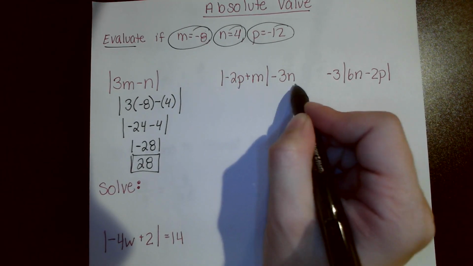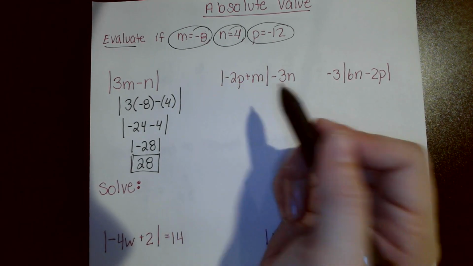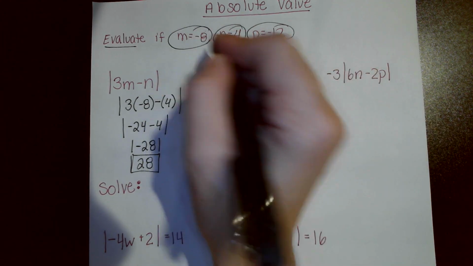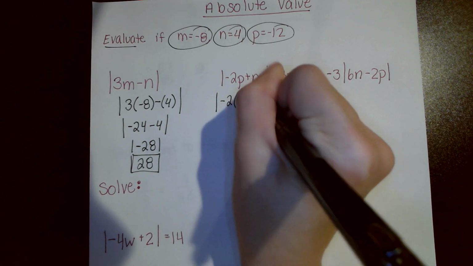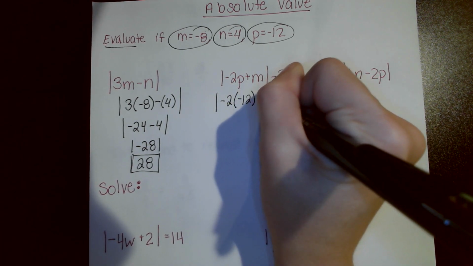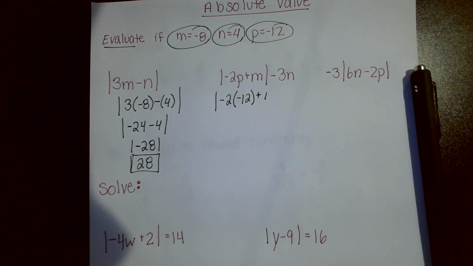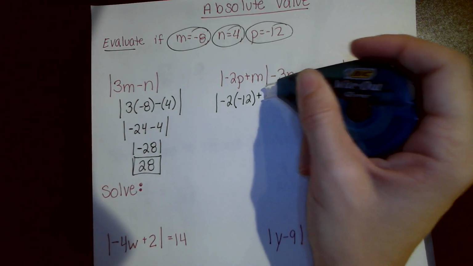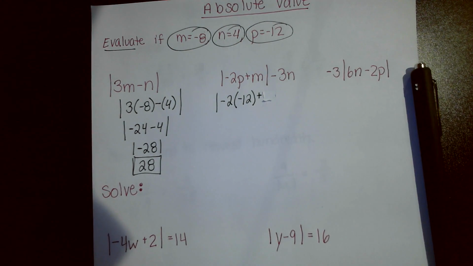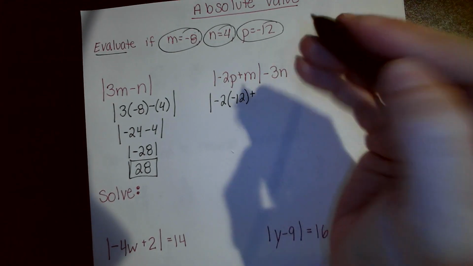-2p plus m minus 3n, but we have absolute value. So I'm going to plug in first, -2 times -12 plus, oops, I made a mistake. I don't want to mess myself up. So this is where you would definitely erase, because neatness can help you avoid mistakes.